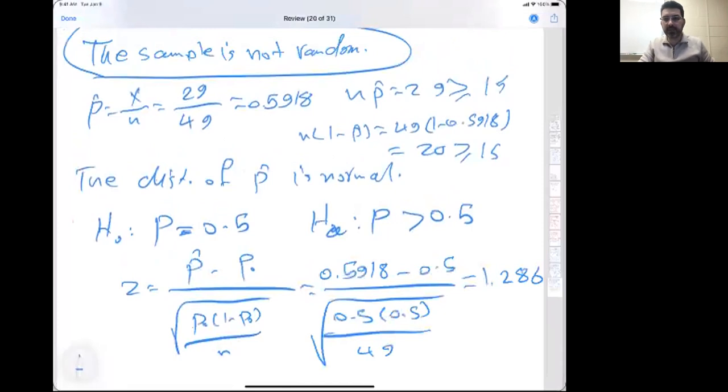Let me quickly check that again. 0.5918 minus 0.5, divided by the square root of 0.5 times 0.5 divided by 49.